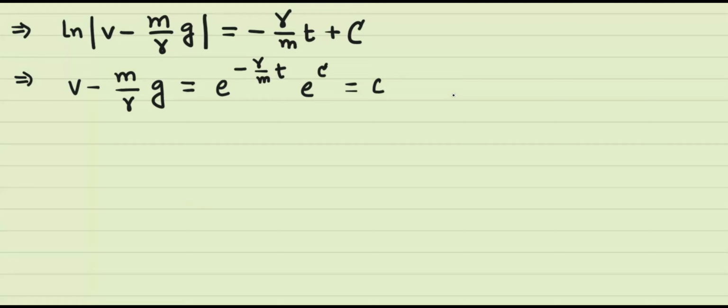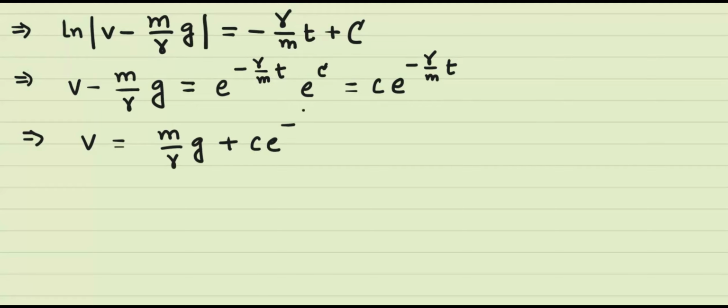So these are uppercase C's and this is a lowercase c. I wish I had better handwriting in order to distinguish between the two, but I don't, so let's roll with it. E to the power negative gamma divided by m times t. Okay, fantastic. So what else are we going to do? We're going to write v equals m divided by gamma into g plus c times e to the power negative gamma divided by m into t.